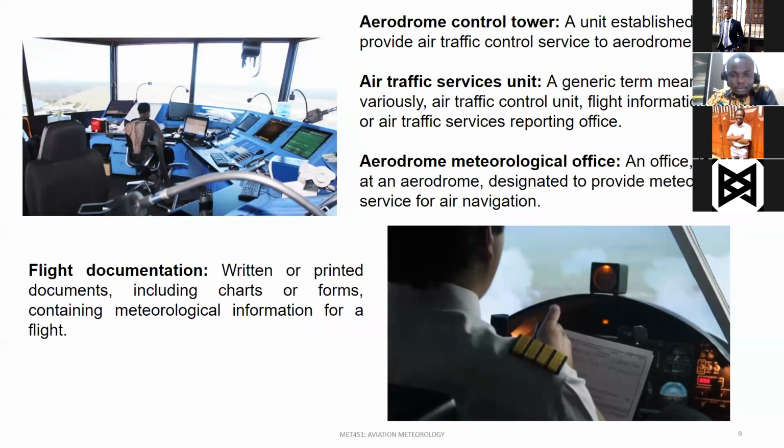The tower will pick the data and then sometimes give it directly to the pilots, or other times the airlines will call directly to the MET office and take any current data that is available. And this is mostly done every hour. Every hour, airlines will call for data, and we also have to process the data and then give it to the tower. Yes, that is basically what we're doing there.